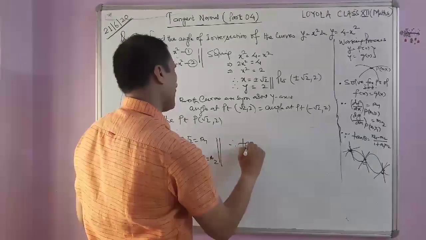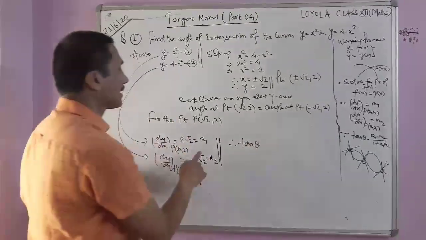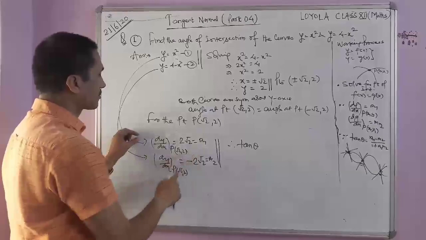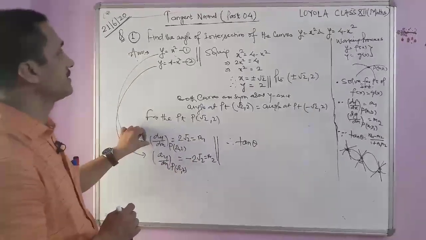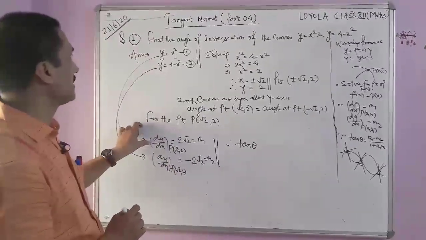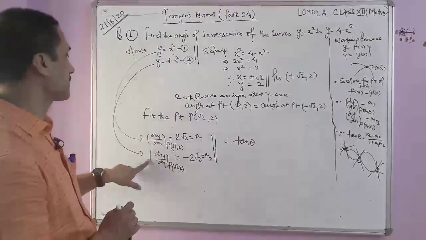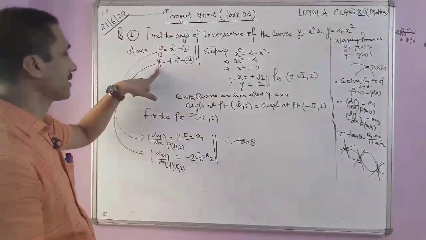Therefore, for the angle between the two tangents, here m1 is the slope of the tangent at P corresponding to the first curve, and m2 the slope of the tangent at P corresponding to the second curve.